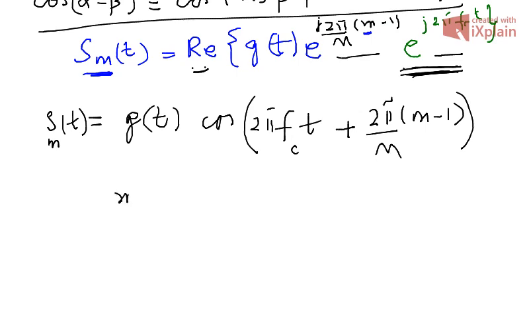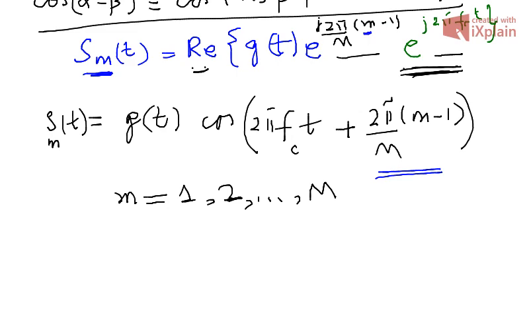And what is this small m? This small m is 1, 2 up to capital M. So if capital M is 2, then it will be only 1 and 2. If capital M is 4, it will be 1, 2, 3, 4, so you have 4 waveforms. When M is 2, you have two unique waveforms, and those waveforms differ by this phase only, because the rest of the part is the same.